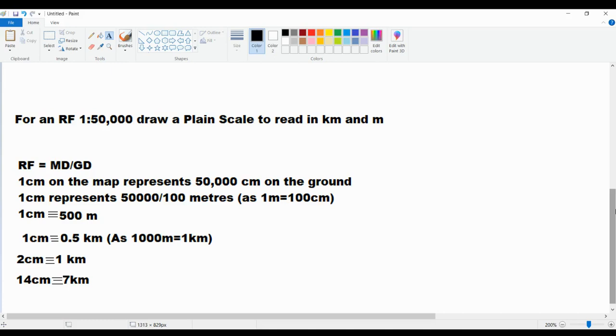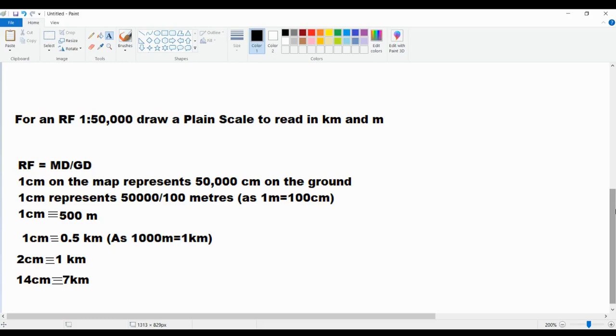We know that approximately 15 centimeters are there in 6 inches. So for 14 centimeters, the number of kilometers which it will represent will be 7, because 2 centimeters is representing 1 kilometer. Therefore 14 centimeters will represent 7 kilometers. That means you will have to draw a line measuring 14 centimeters for your graphic scale.